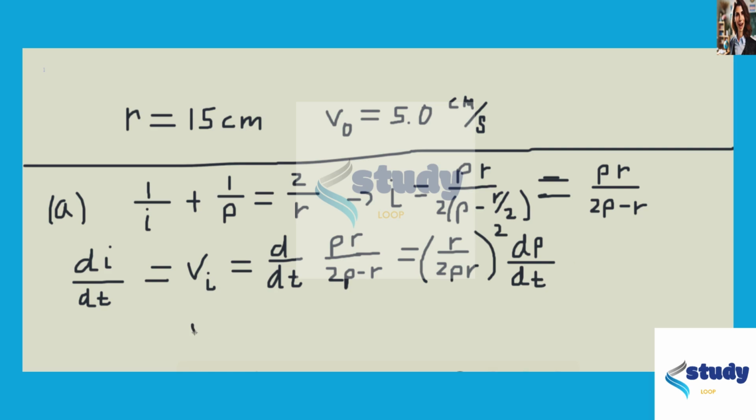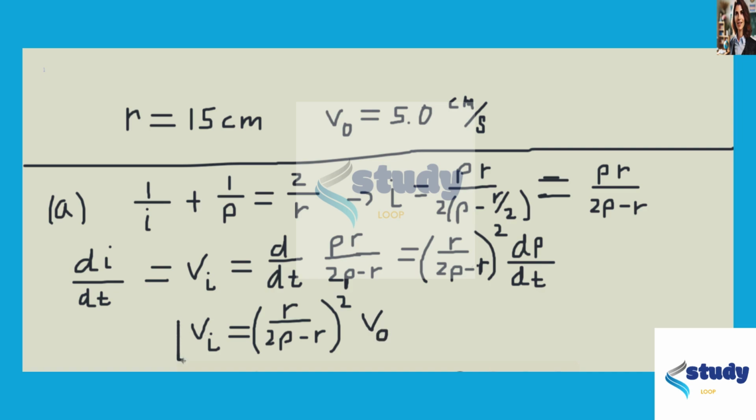So what we find here is v sub I is equal to r divided by, I had a misprint here. This is supposed to be 2P minus r, not 2P times r. So this is 2P minus r. So r divided by 2P minus r, that whole thing squared, multiplied by dP by dt, which is the velocity of the object, which we called v sub o.